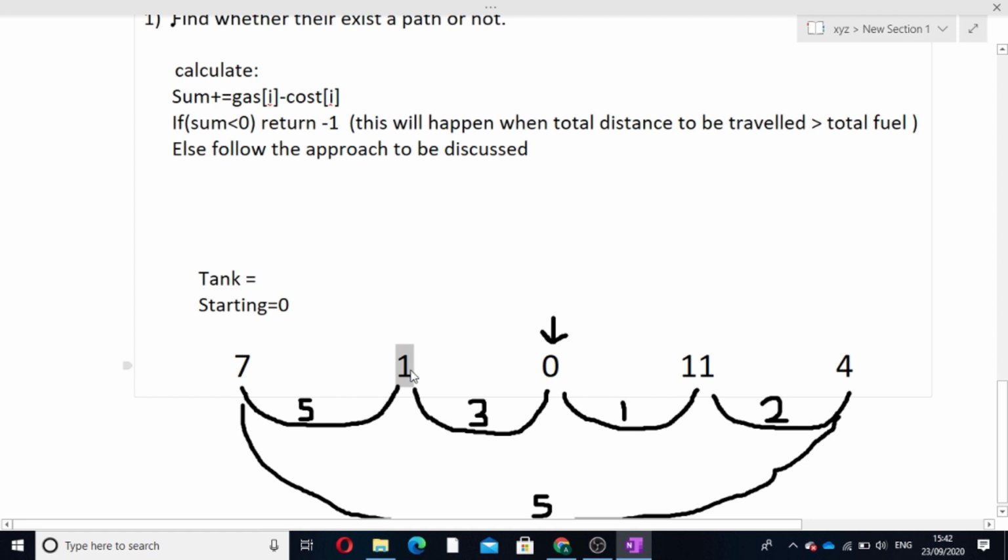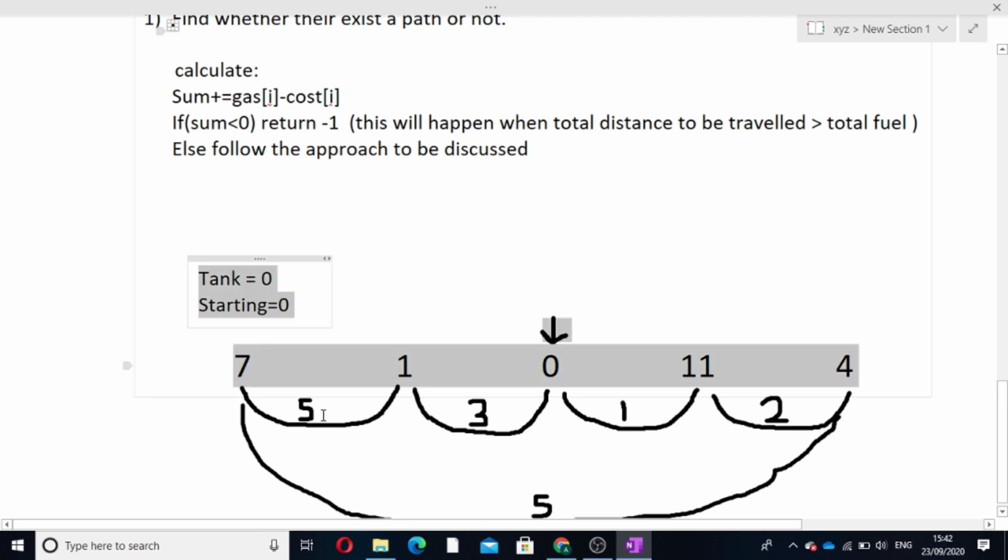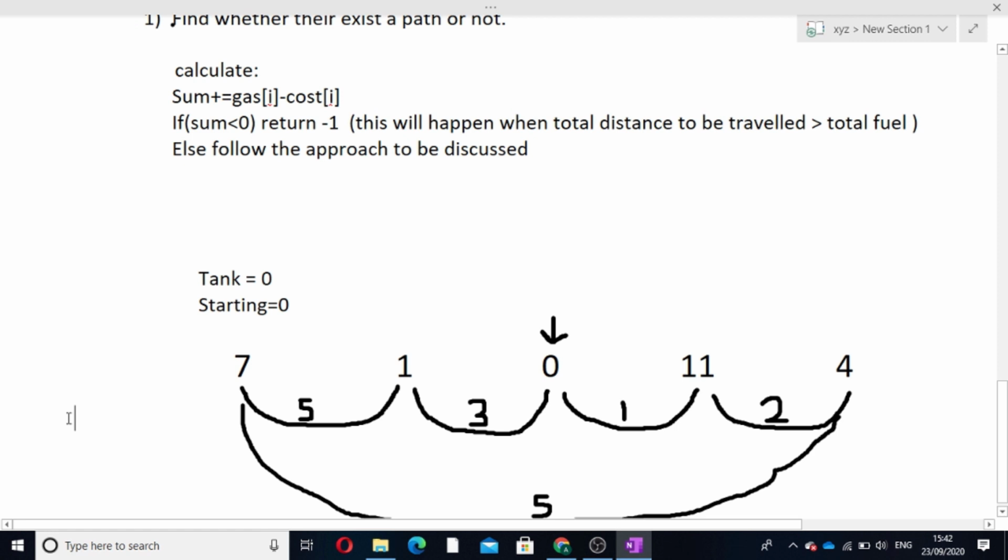First of all, we will be losing that, and if this distance instead of 5 had been 7, then also when we use this as the starting point, the initial capacity of the tank will be 0 only. So in this case we will be losing this trip, so this will be very bad for our answer.